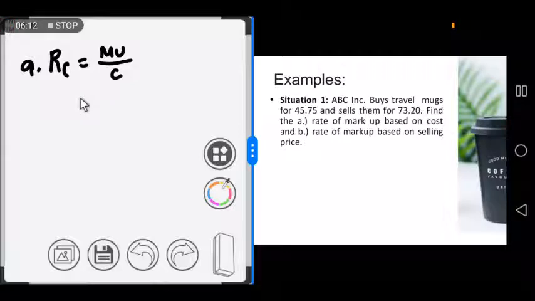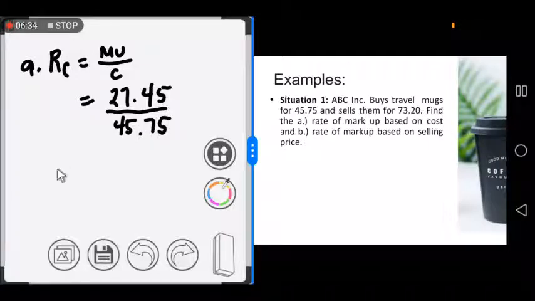Substituting our numbers, our markup is 27.45 and divided by the cost, which is 45.75.